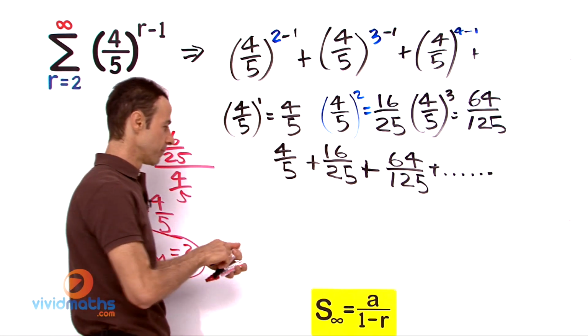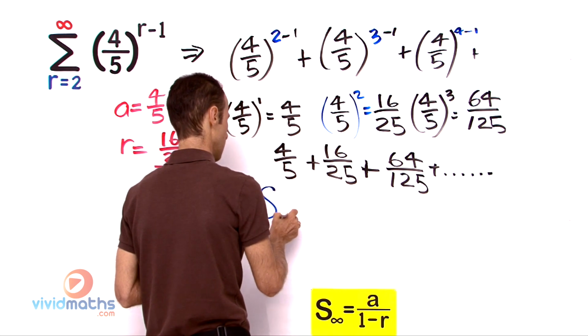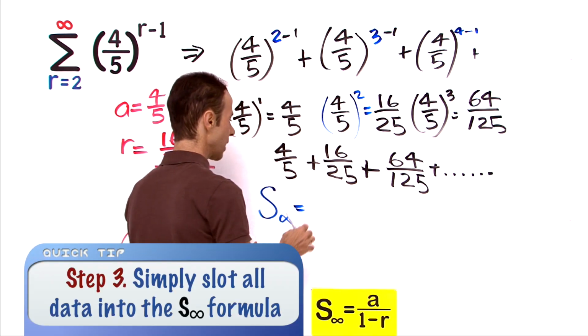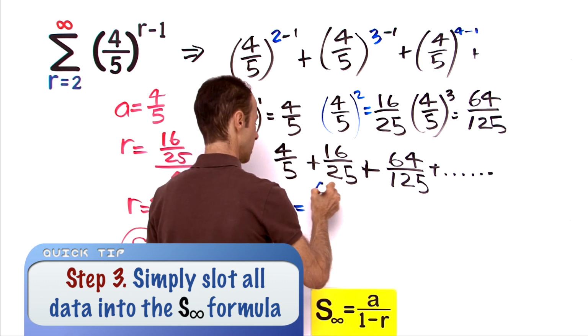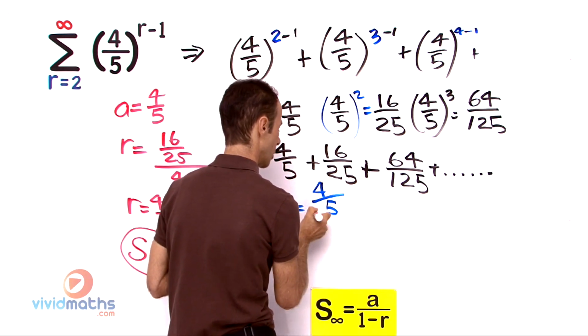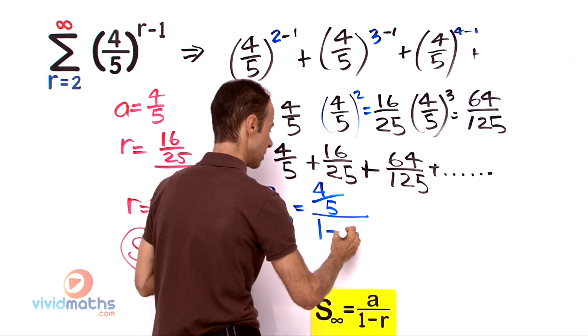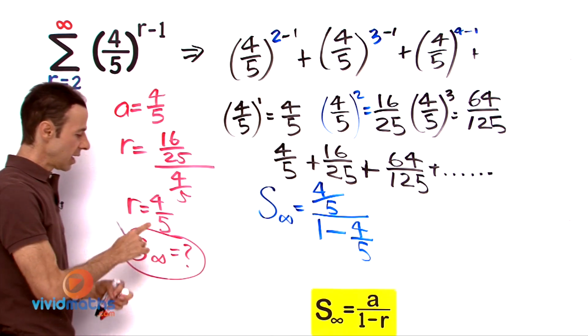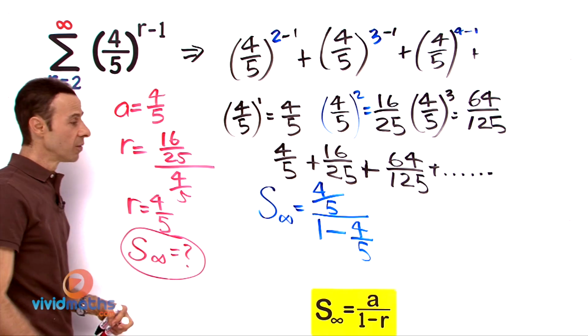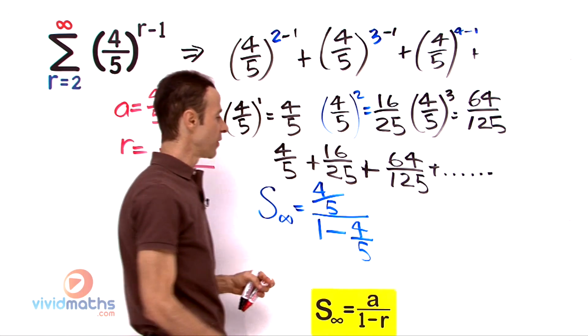So sum to infinity is equal to a, the first term, which is 4/5, all over 1 minus 4/5, because r also is 4/5, as you recall from earlier. So let's further simplify this.